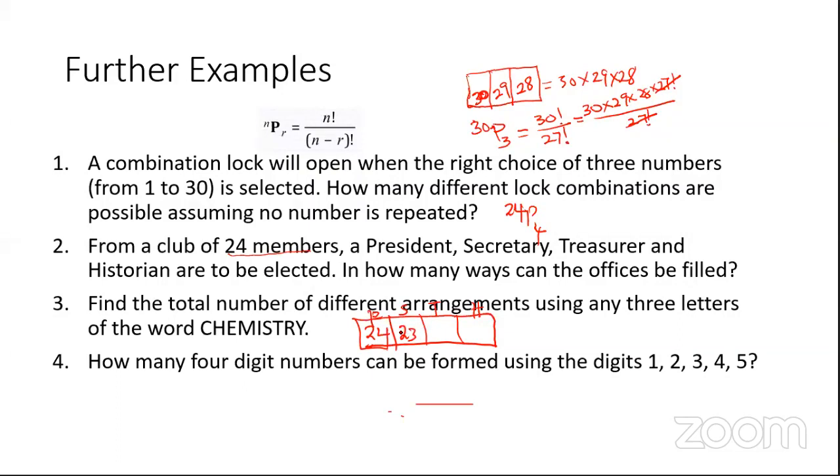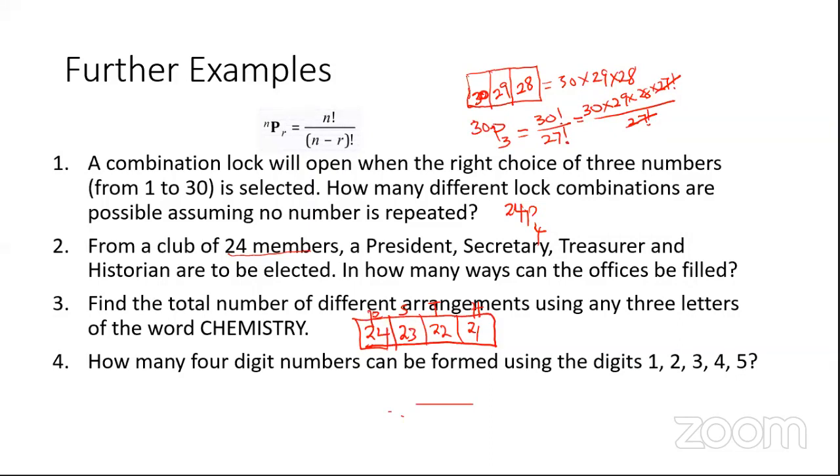For treasurer, you have 22 people left, and for historian, 21 persons left. So we just multiply 24 times 23 times 22 times 21, and whatever you get is your answer.